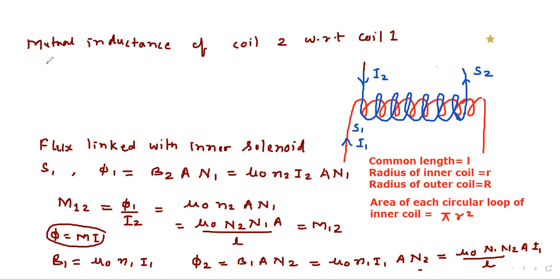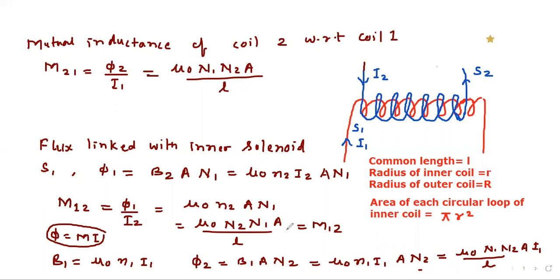So it will be equal to M21, which will be equal to phi 2 divided by I1. So this is phi 2 equal to mu naught N1 N2 times A times I1 divided by L. When we divide phi 2 by I1, I1 will cancel out from here. So we will get mu naught N1 N2 A divided by L.